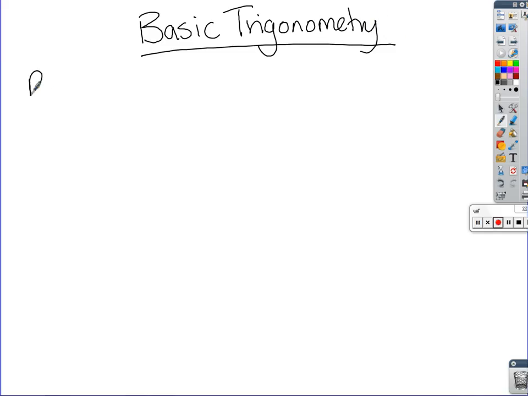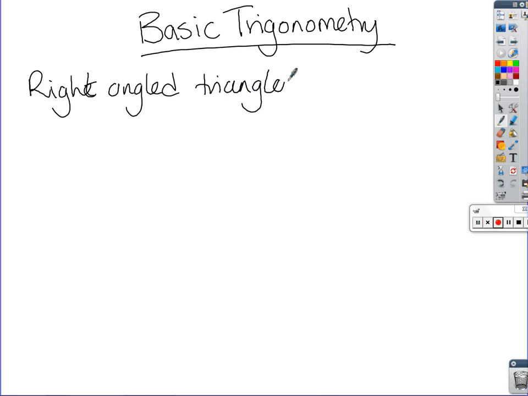Here we're looking at right angle triangles. We use trigonometry to calculate the length of a missing side or the size of an angle within a right angled triangle.